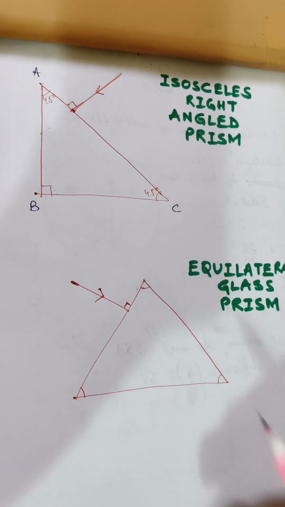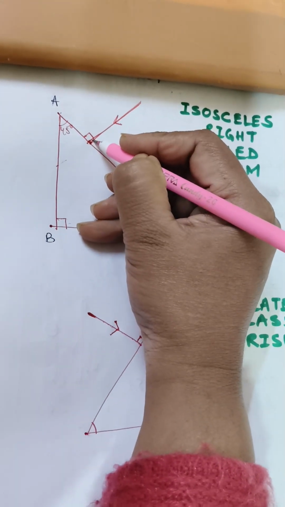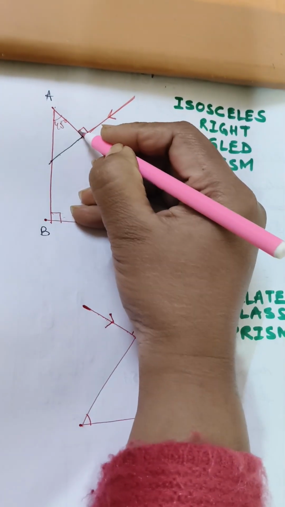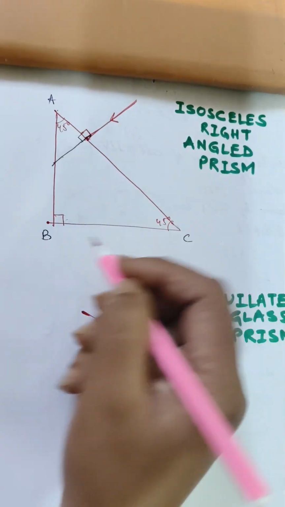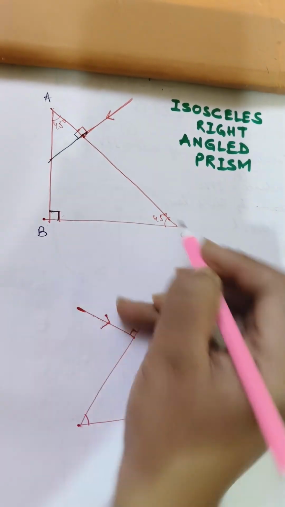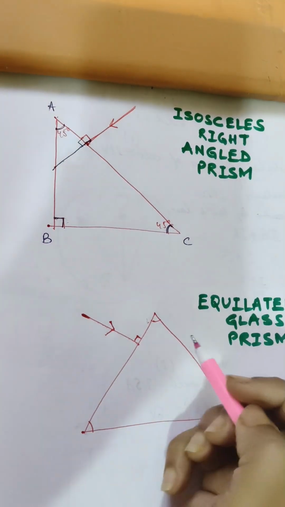First, the ray which is incident on AC, since it's normal incidence here, will pass undeviated. So this is 90 degree. As you can see, if this is an isosceles right angle prism, this is 90 degree, and these two angles have to be 45 degree. It's understood.